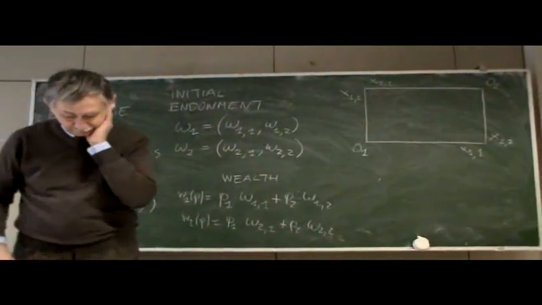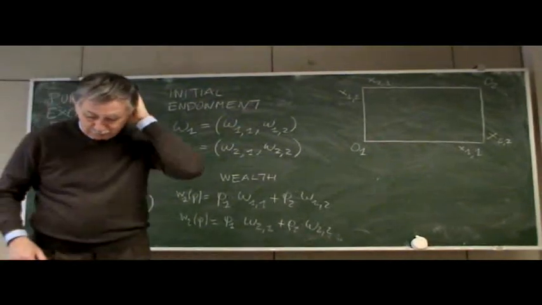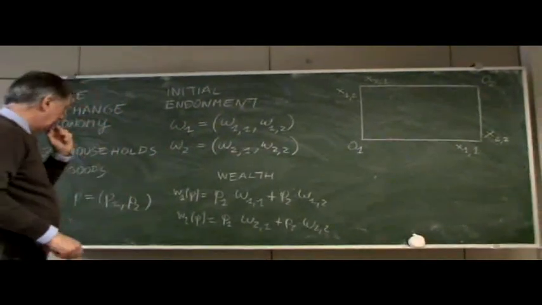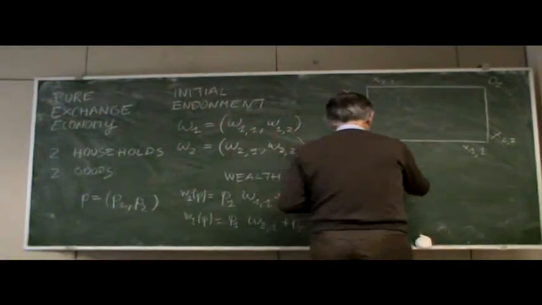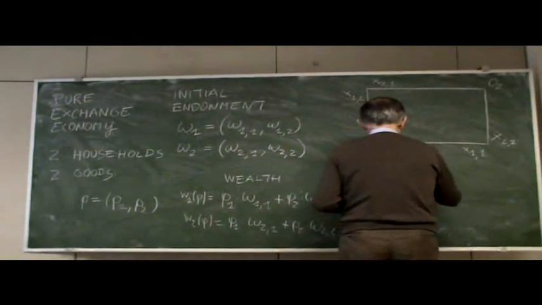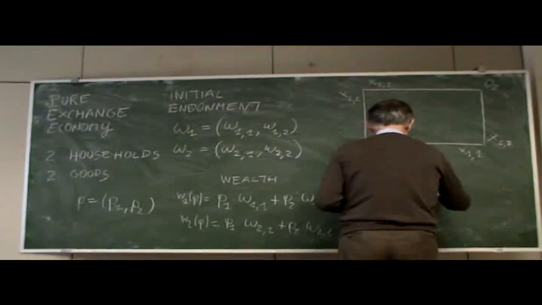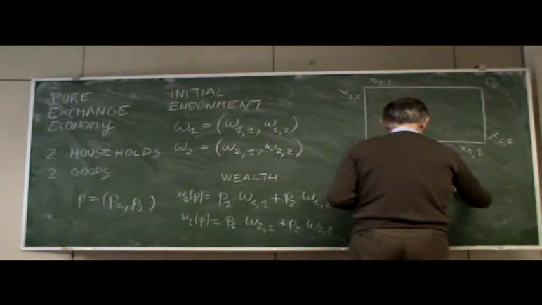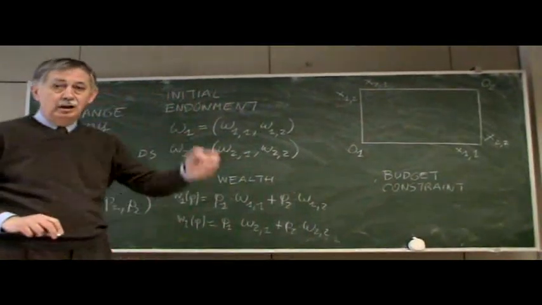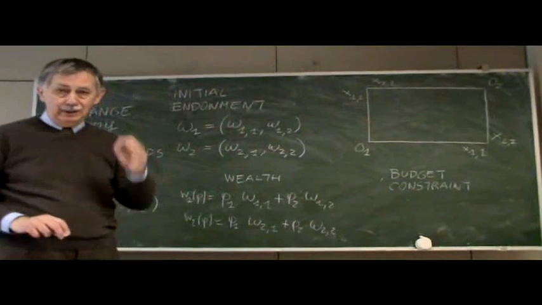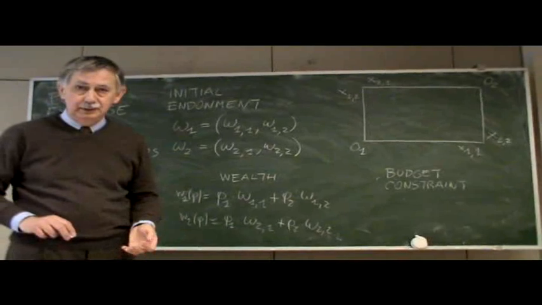Is it clear? By means of this wealth, it is possible to define the budget constraint, which is simply the set of all consumption bundles which are purchasable by the consumer.